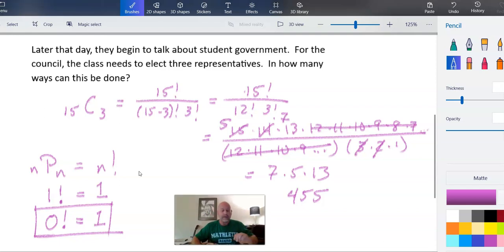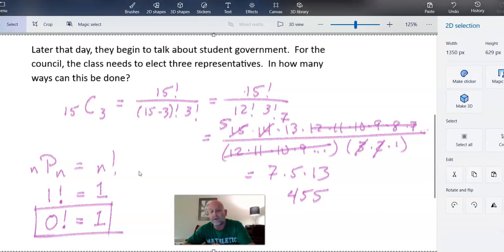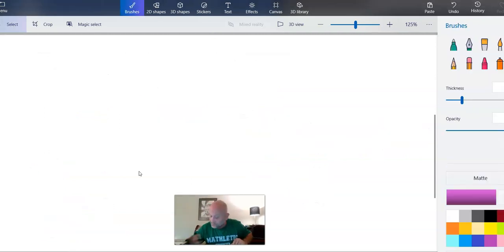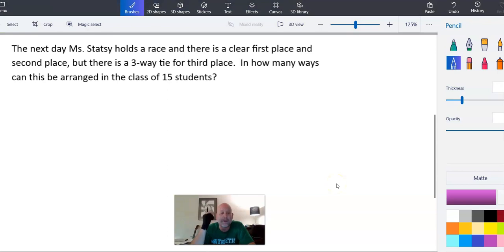All right. Now let's look at the last example here. Okay, so for this next example, let's see, Mrs. Statsy holds a race, and it's a race between the students, right?